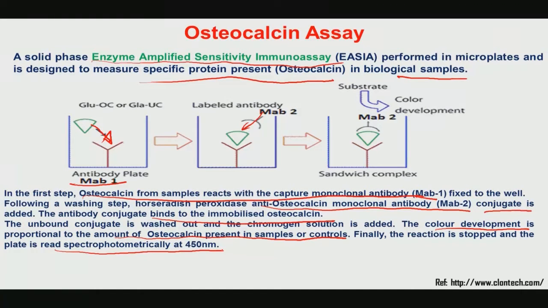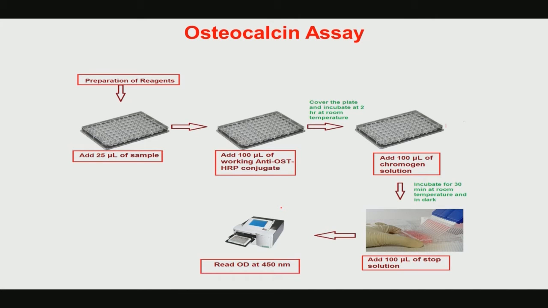The change in optical density or color development is attributed to either a specific protein or protein in the samples, or it is a signature of some viable cells or dead cells in the solution. Except for some specific details, the methodology of this assay is more or less similar to some of the assays I have discussed before.